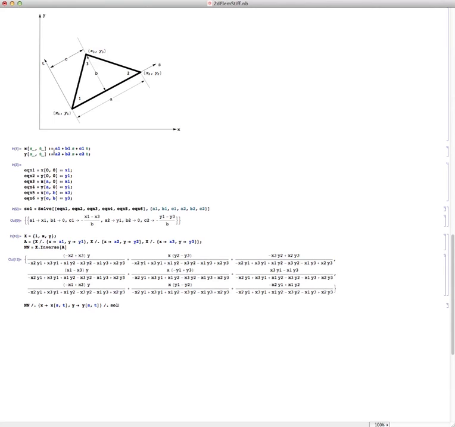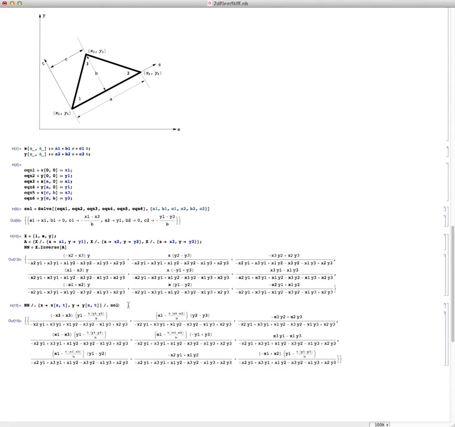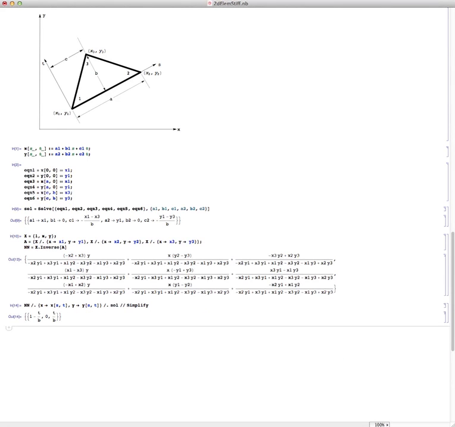This x of s and t is just going to reproduce this equation. We want to plug in the values a1, b1, c1, and the same goes for y. It's just going to reproduce this equation. We want to plug in the values a2, b2, c2, which we solved for here. So we'll evaluate this whole thing with sol, and get that, which we can then simplify, and we get something a little bit nicer.